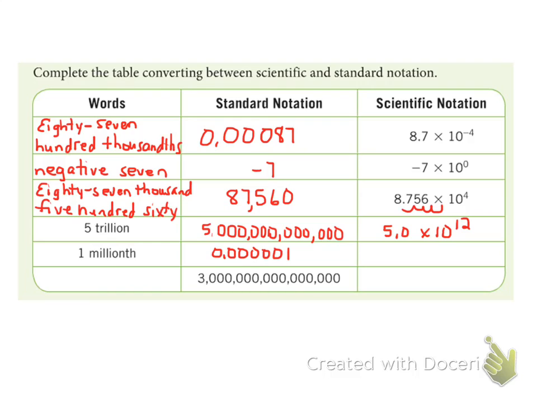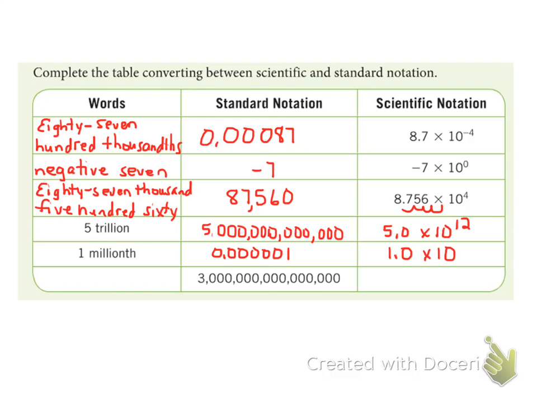So in scientific notation, how do we write that number? Is it negative? No, the number itself is not negative, so just 1 or 1.0. Either way there is fine. Times 10 to some power. Is it going to be positive or negative?